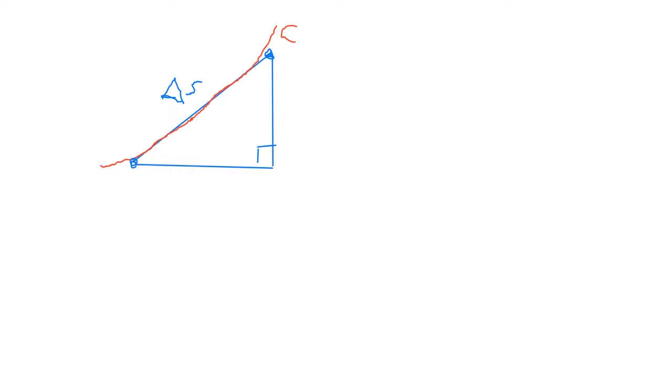So I'll call that delta S. I'll call the horizontal distance in my right triangle delta X, and the vertical distance delta Y.